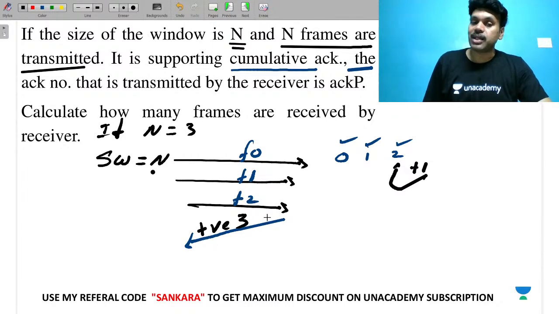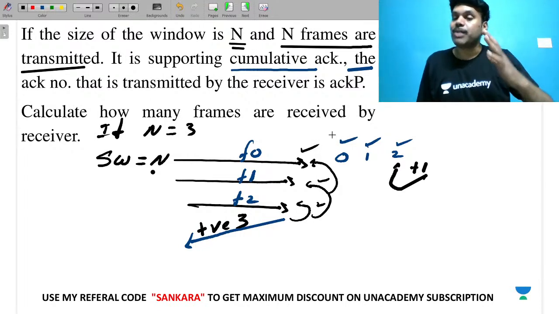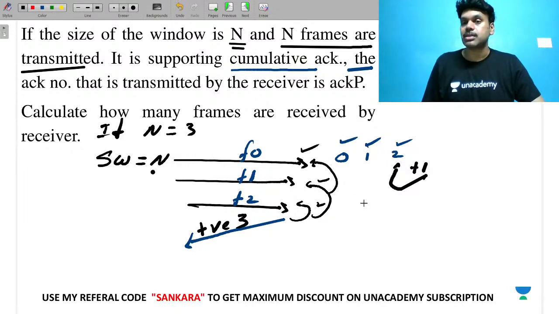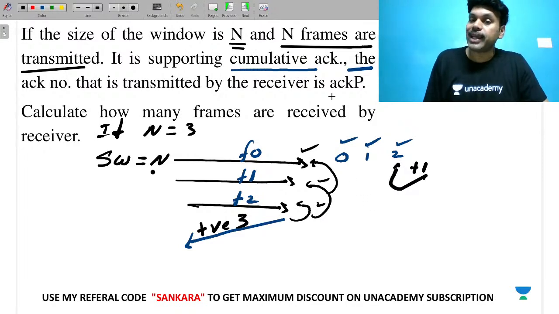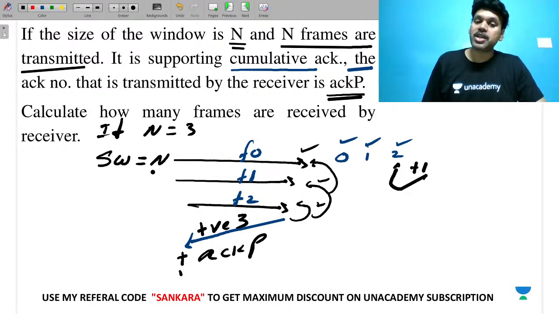When you say 3, the 3 covers that 2 success and the previous one is also success and the previous one is also success. So n minus 1 success, n minus 2 success and n minus 3 is also success. That is the meaning of cumulative acknowledgement. So here he has given acknowledgement P, positive acknowledgement P, which means positive 3.